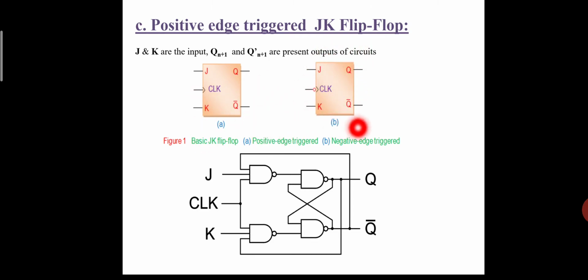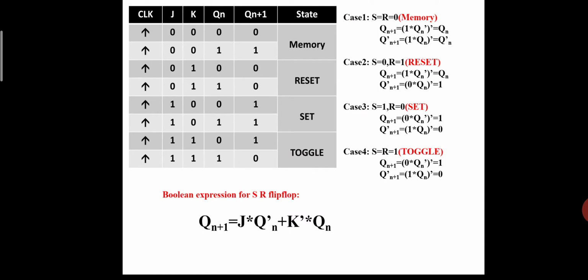Apart from these two inputs, the remaining operational circuit is the same. It also has the 4 NAND gate implementation. So here is a positive edge triggered flip flop. That means the clock pulse is the only difference. It is positive edge, rising edge.